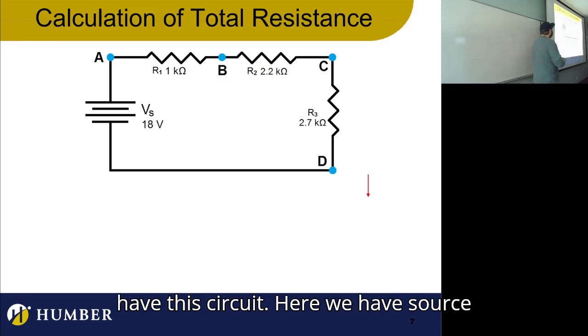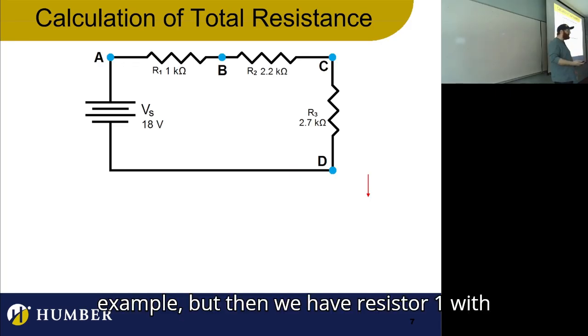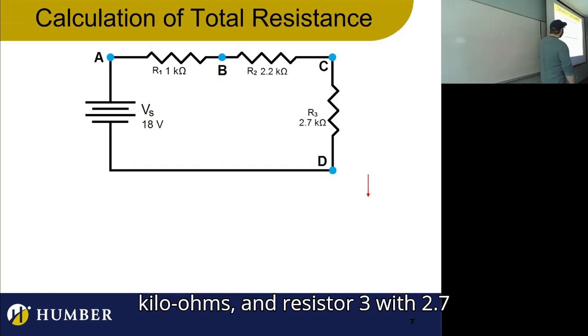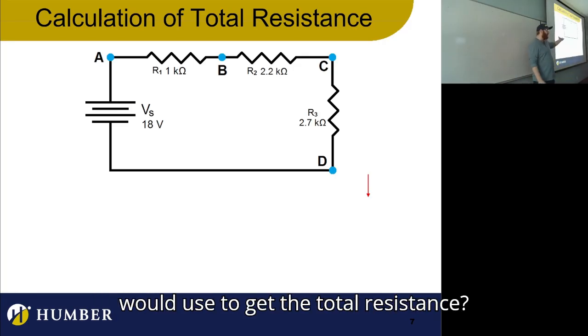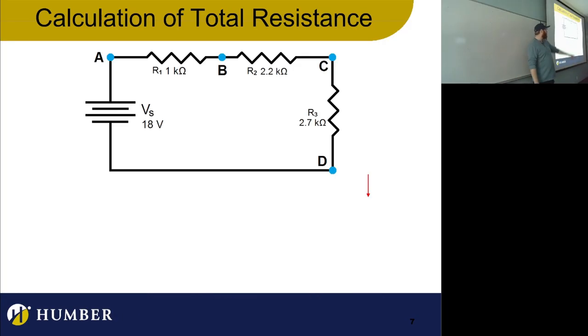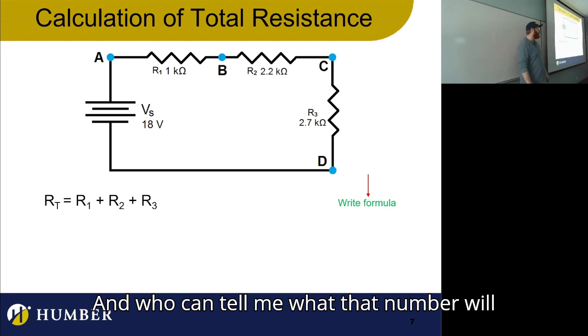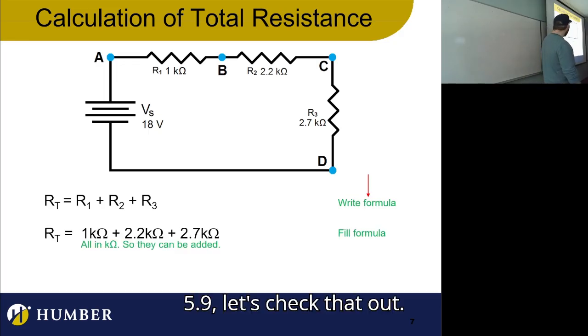So if we have this circuit here, we have source voltage 18 volts, irrelevant for this example, but then we have resistor 1 with 1 kilo ohm, resistor 2 with 2.2 kilo ohms, and resistor 3 with 2.7 kilo ohms. Who can tell me the formula we would use to get the total resistance? R1 plus R2 plus R3. Exactly. And who can tell me what that number will actually give us? 5.9, let's check that out.